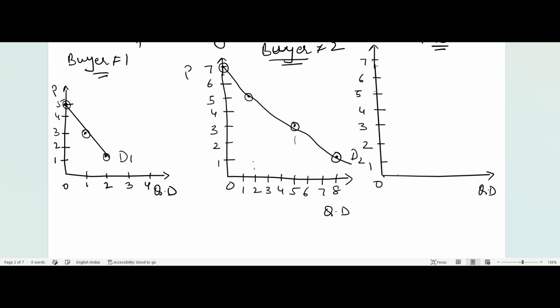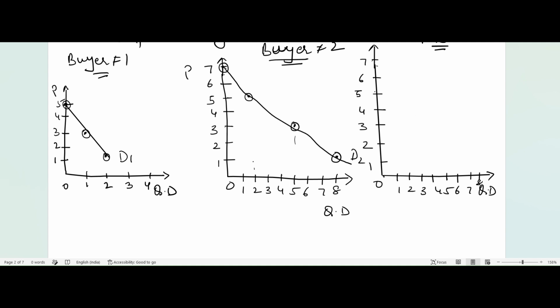And then 1, 2, 3, 4, 5, 6, 7, and 8. Now we just graphically add horizontally the numbers, or the quantity demanded, for all the buyers at various prices.